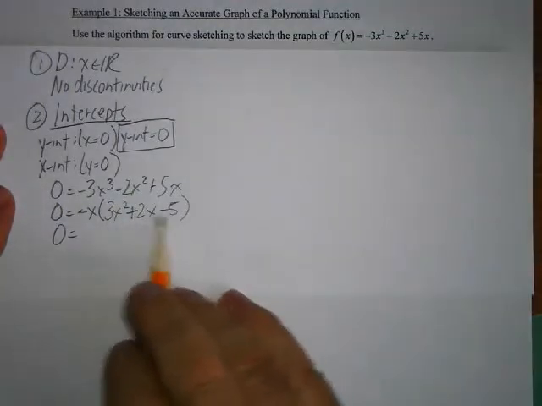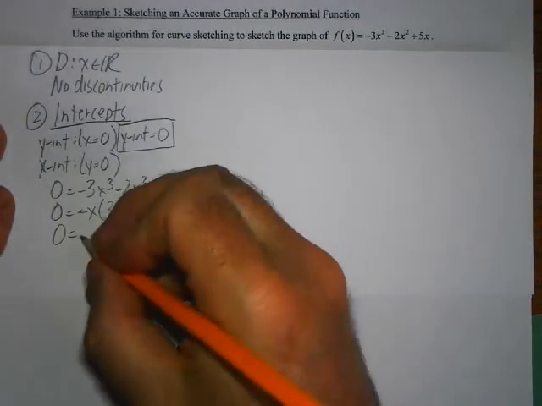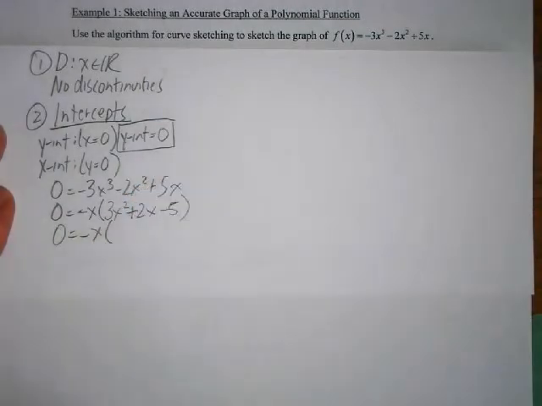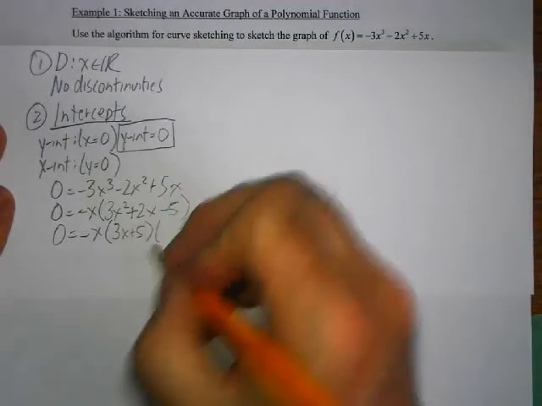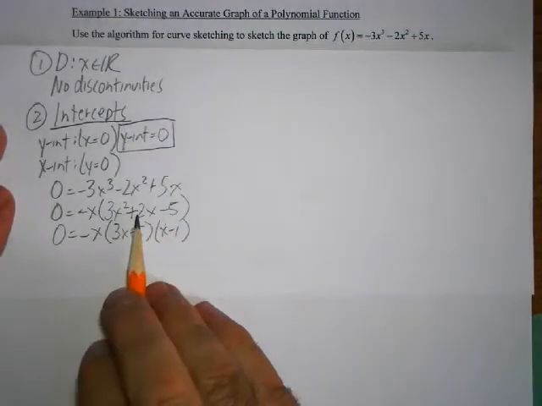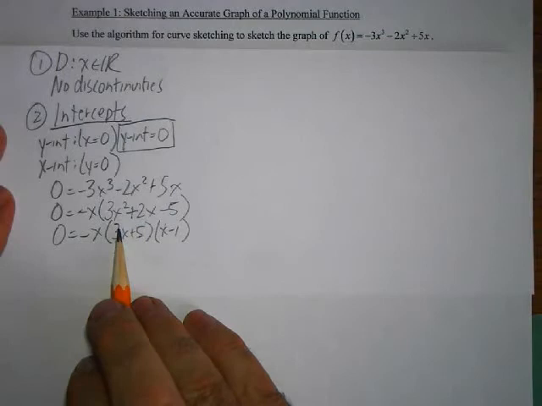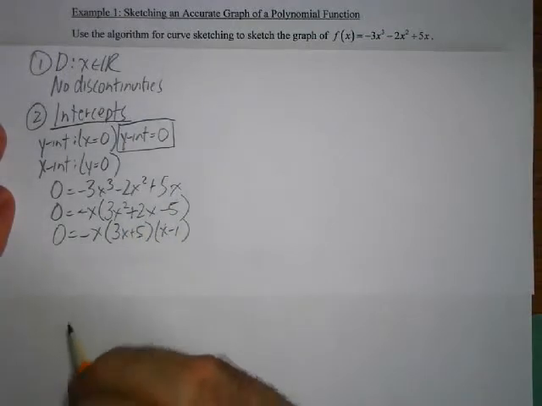Obviously, it might take a bit of work to factor that for some people, or maybe not. Now this does factor to 3x plus 5 and x minus 1. So if you were doing that factoring work, I don't really want to see it. You do that on a separate page and just tell me the final factored form here.